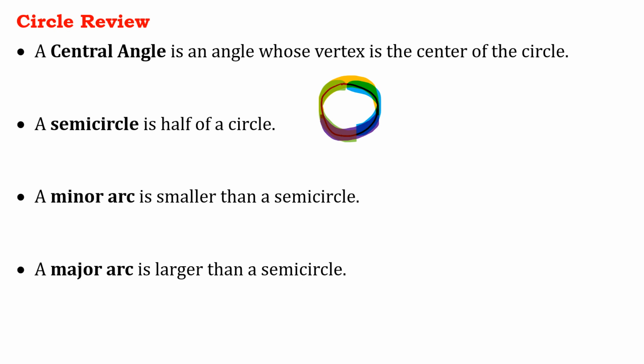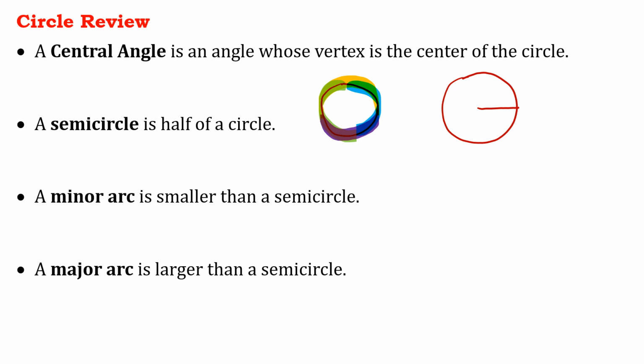A minor arc is going to be smaller than a semicircle. A major arc is going to be larger than a semicircle. All right, and then one last thing that you do need to know. A circle, if you start here and you were to travel all the way around the circle, that circle contains 360 degrees.